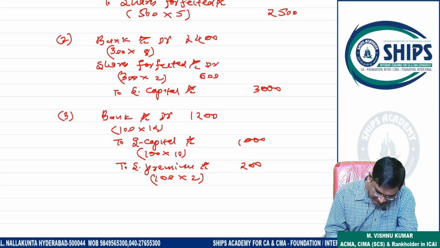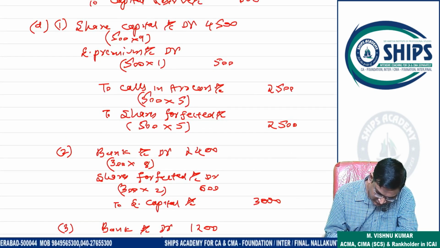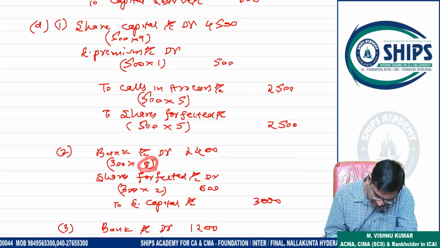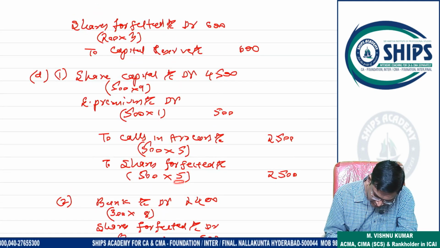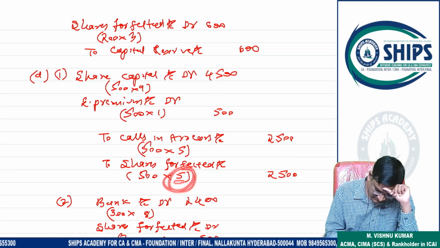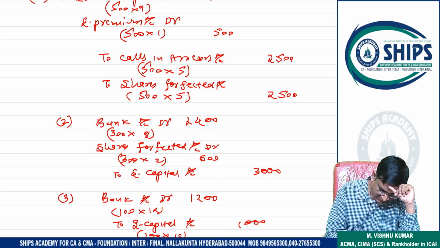Now we have to calculate the gain. Before reissue, we received 5 rupees on this share. On reissue, 8 rupees received. 5 plus 8, how much? 13. 13 minus 10, 3 gain.